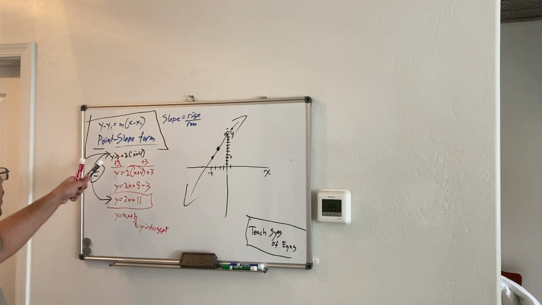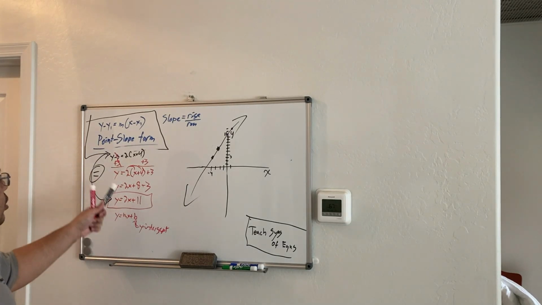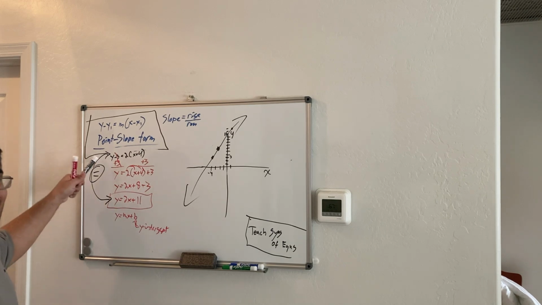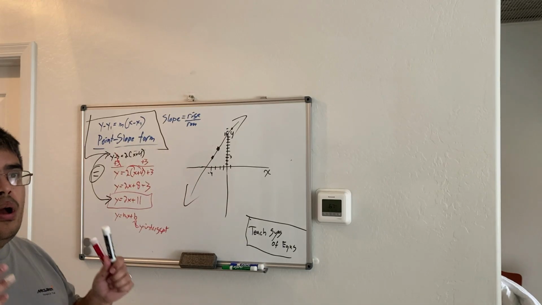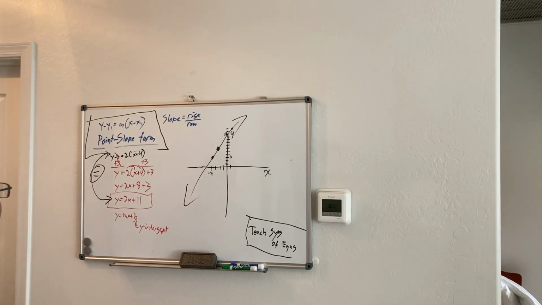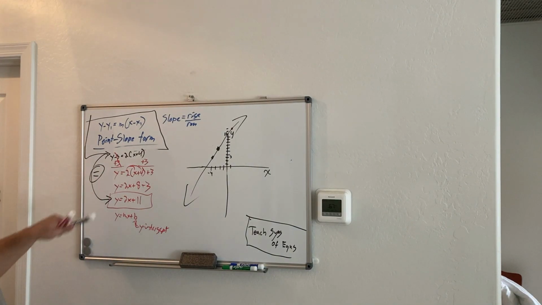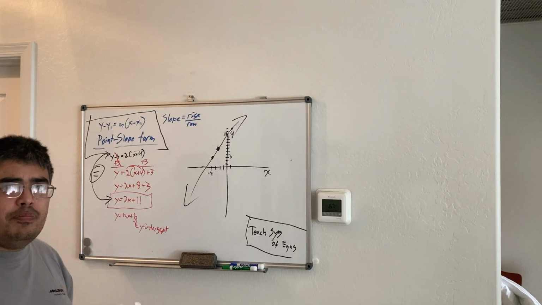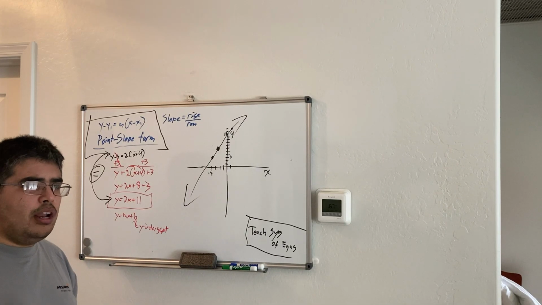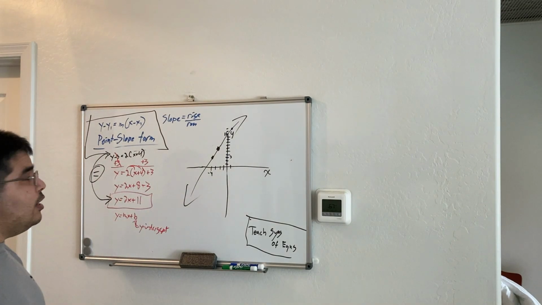So if you don't like point-slope form, you can always convert it into slope-intercept form and then graph it from there. But it's much faster. We went through one step, two steps, then on the third step, we get the slope-intercept form. That's a lot of paper, a lot of work that you're doing, a lot of algebra. In this case, you can just graph it straight from there, like what I've been showing you before.